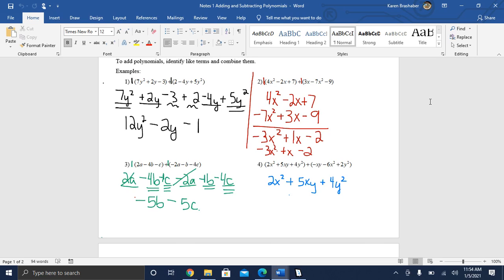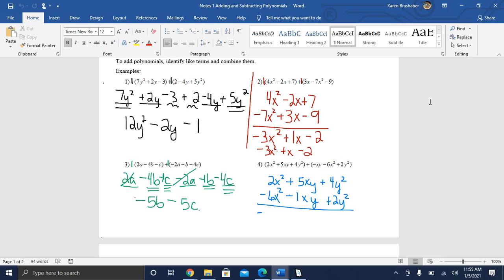So the negative xy, that would be like a negative 1xy. The negative 6x to the second would line up under the 2x to the second, and the positive 2y squared would line up under the 4y squared. So we'll combine those like terms.